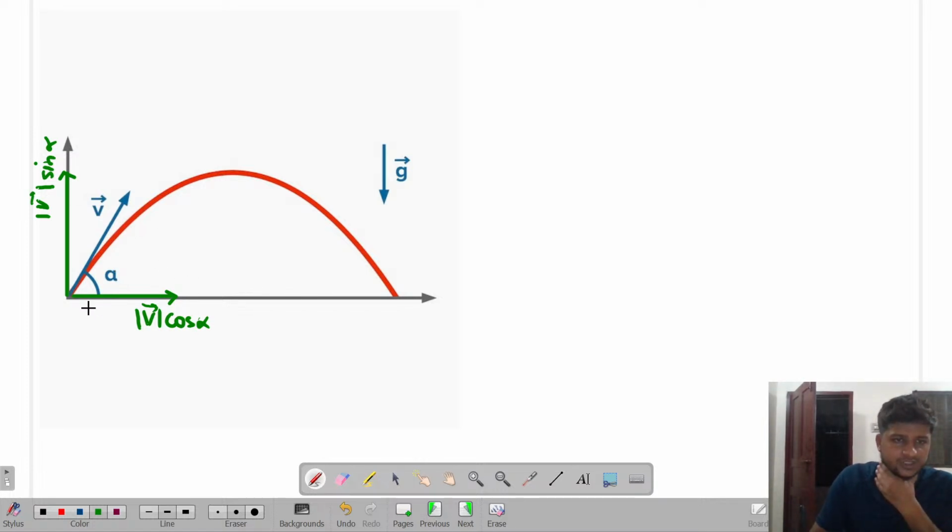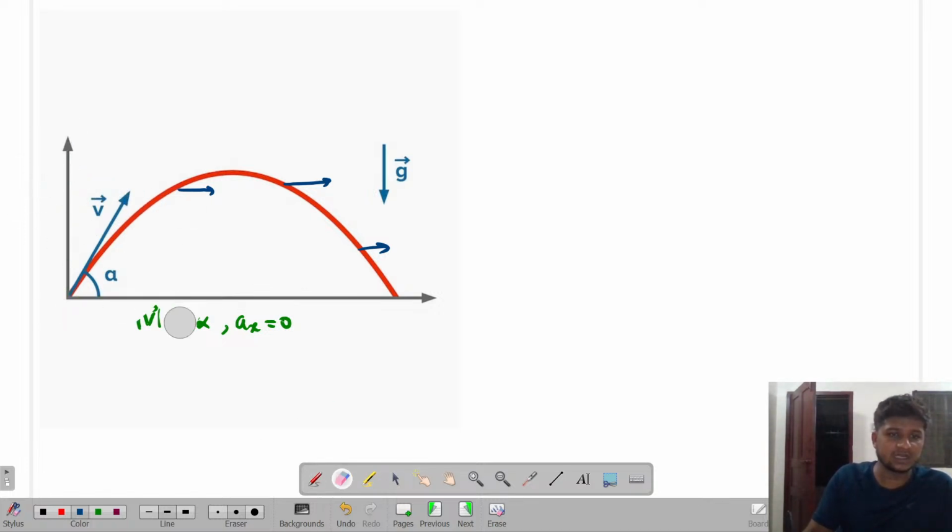Along the horizontal direction there is no acceleration, so this velocity never changes. It remains always the same. At every point I have the same velocity, which is magnitude of u cos alpha. Are you able to get me? With this terminology, we'll move ahead and try to understand how to consider this projectile.